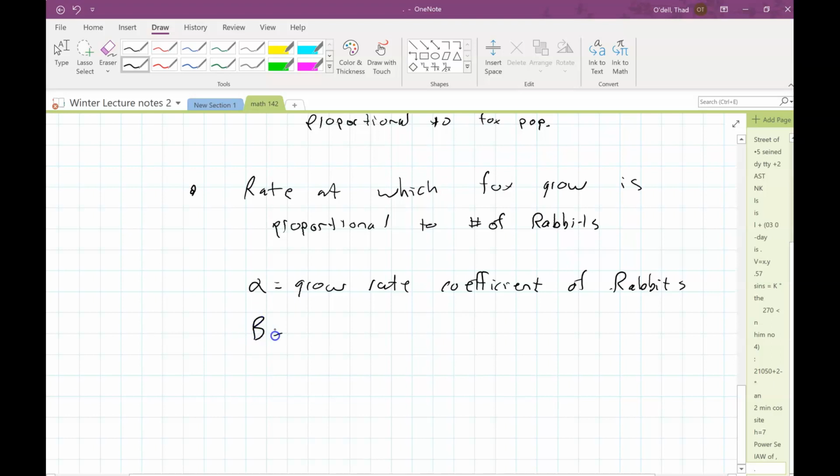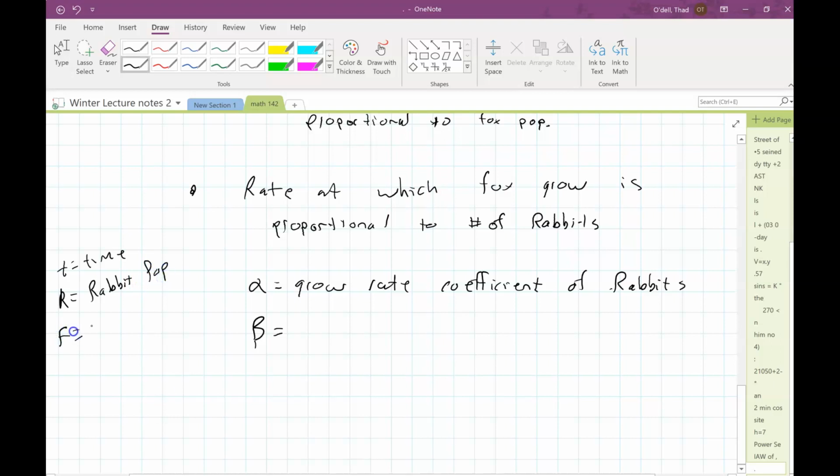We're going to let beta equal, we're going to use Greek letters because we've got too many of them. And that's a parameter. We have a new dependent variable, but we have the same independent variable, t equals time. And we're going to let r equal rabbit population, because we have more than one population now.